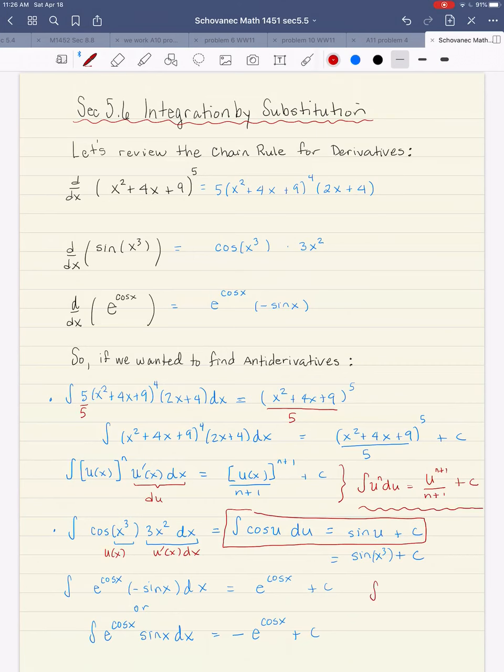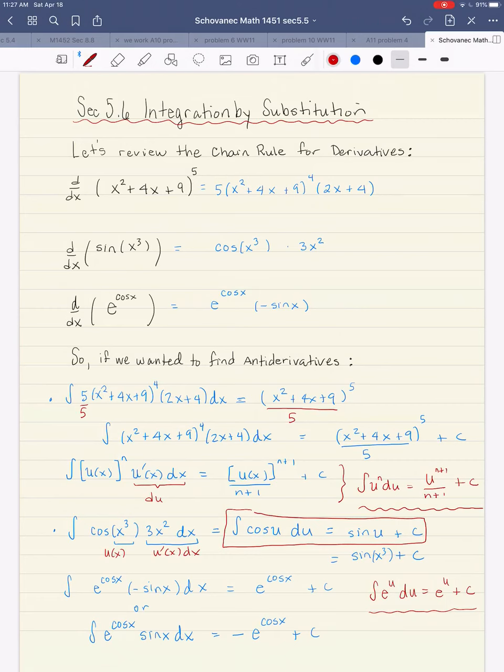So what we're going to try to do is rewrite integrals of the form e to the u du, and we'll get e to the u plus c. So here the u was the cosine of x, and the du is minus sine of x dx. If I just have a sine of x dx, then my minus sign is going to have to be compensated for on the other side.